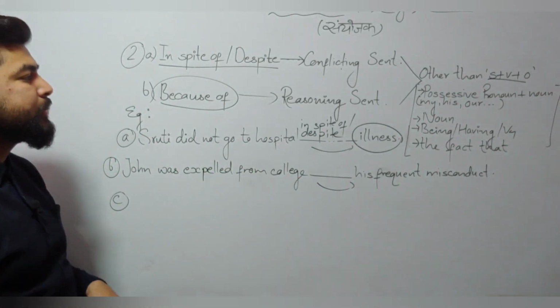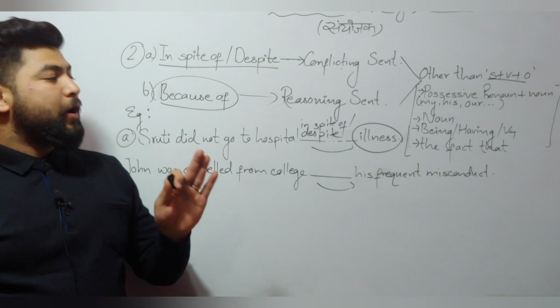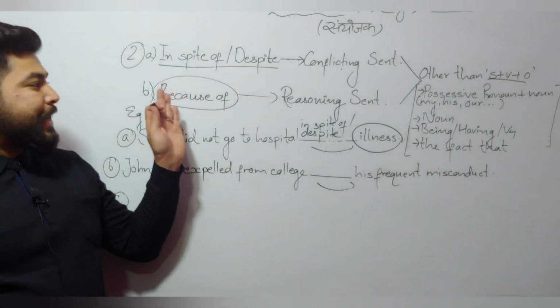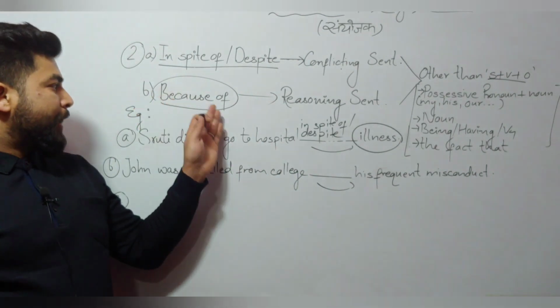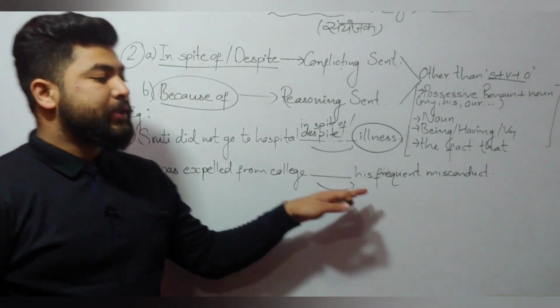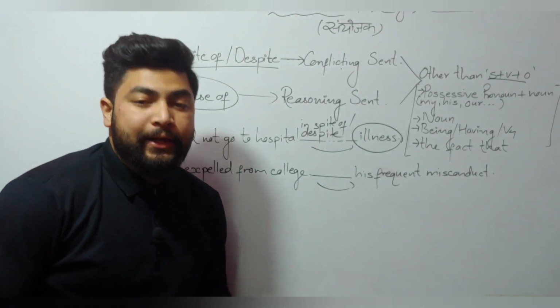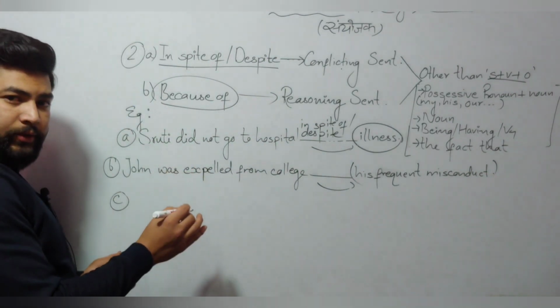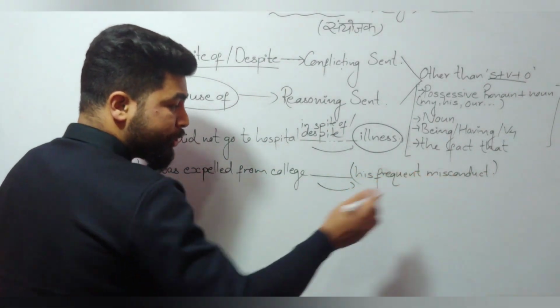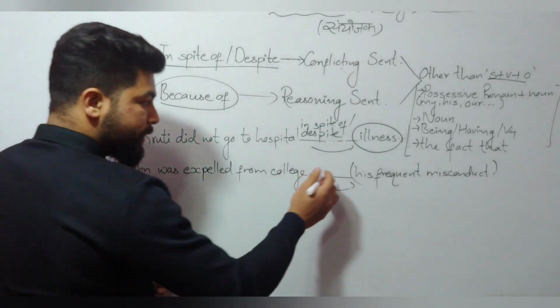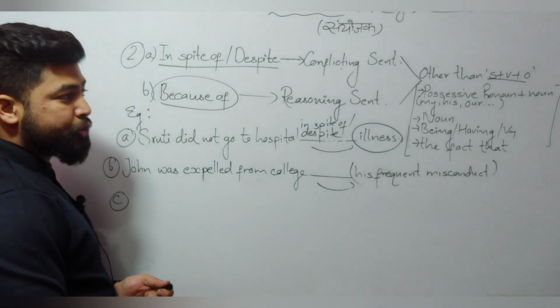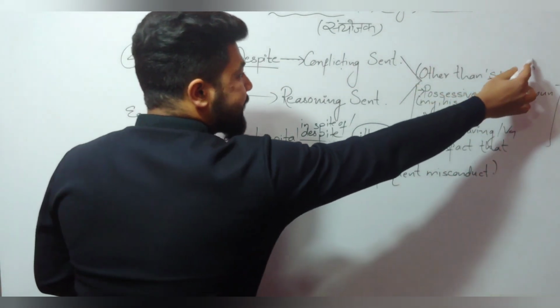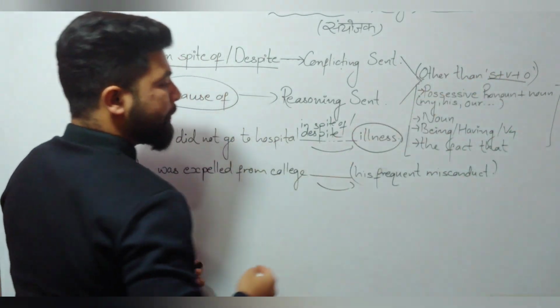So for a reasoning sentence, we have because or because of. Now, you have to choose between because and because of. And for that, you have to see what's there after the blank space. Here it's frequent misconduct. Is it a sentence? Does it have subject, verb, object? No, it doesn't. So it falls under the category other than subject plus verb plus object.